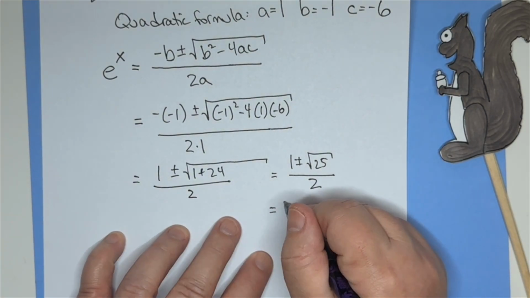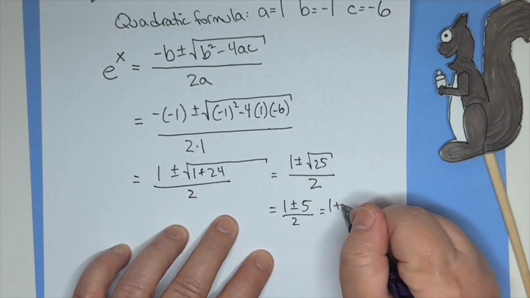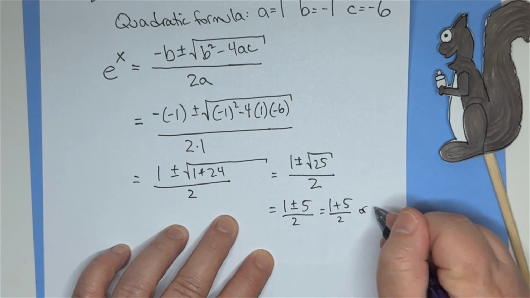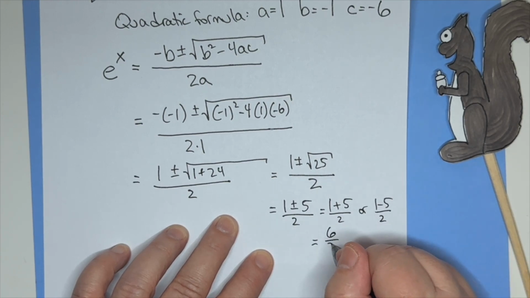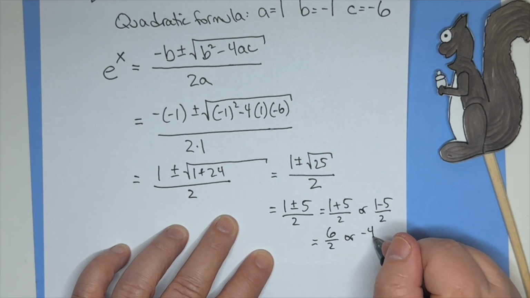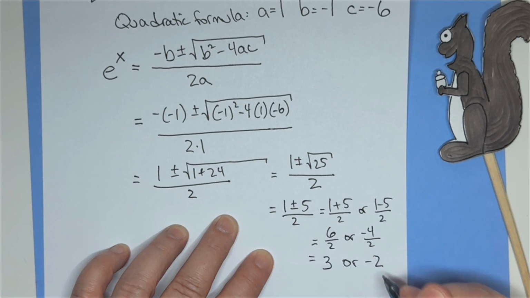That's equal to 1 plus or minus 5 all over 2, which is 1 plus 5 over 2, or 1 minus 5 over 2. So that's 6 over 2, or -4 over 2, which is 3, or -2.